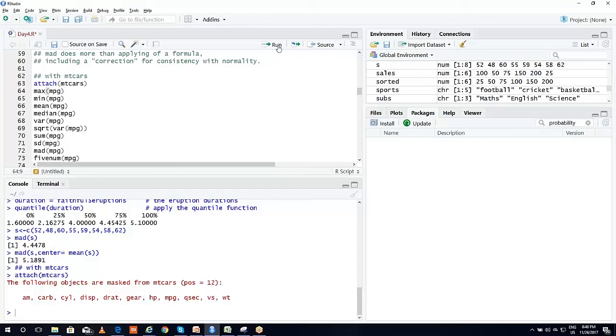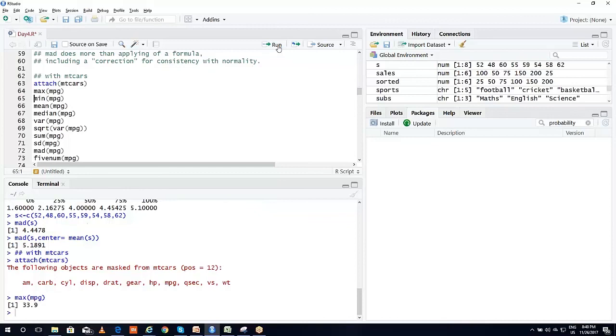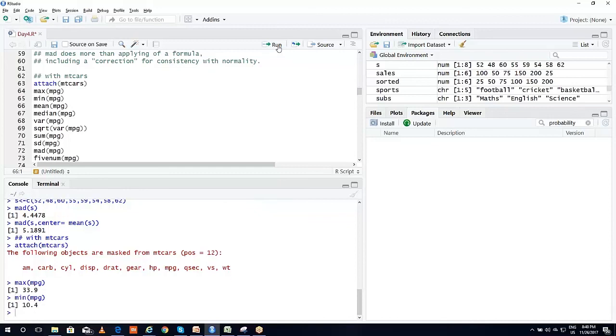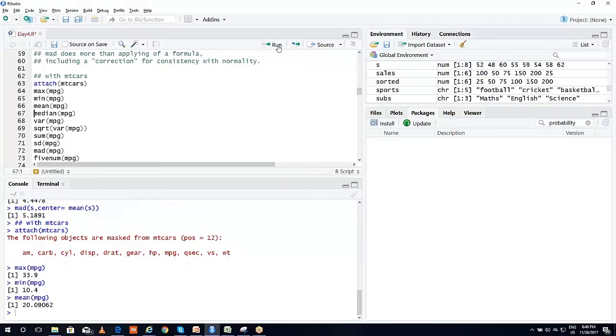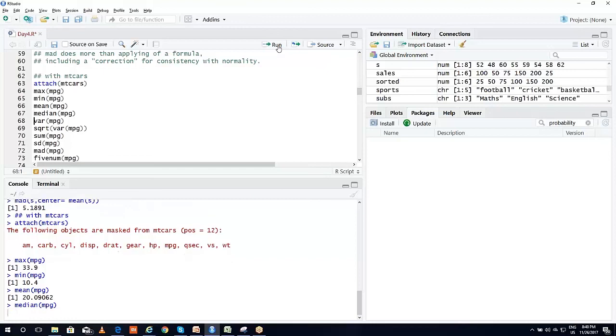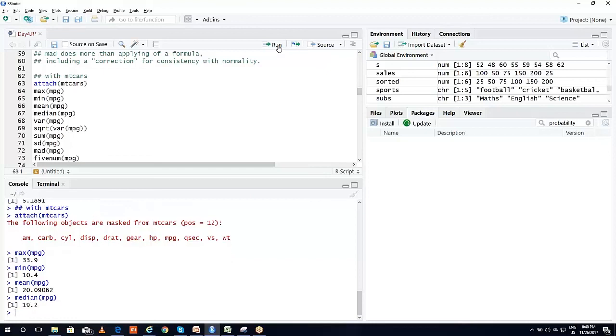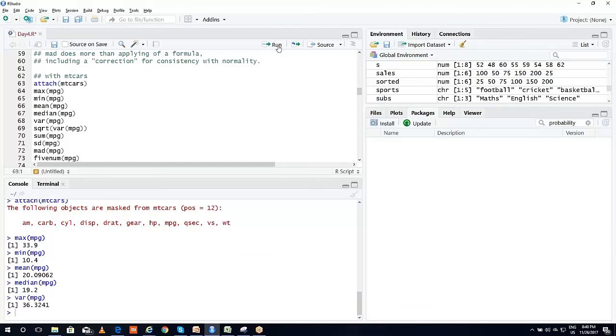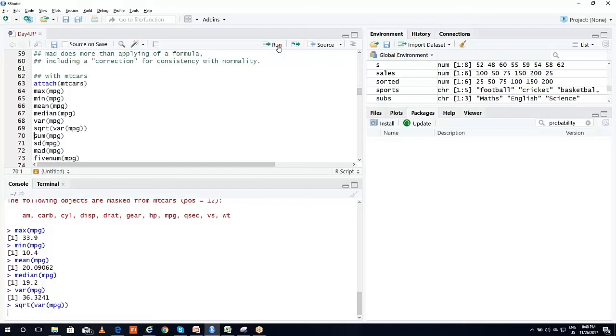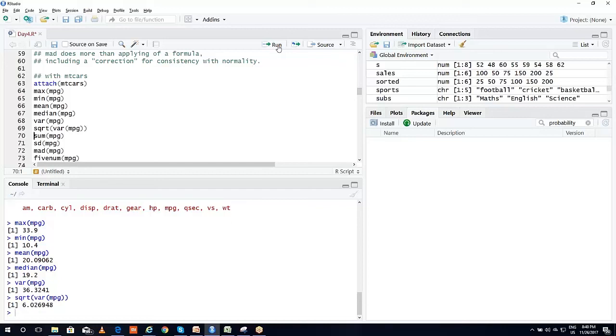Max MPG, what is the best mileage? It's 33.9, minimum mileage 10.4, mean mileage 20.09, median 19.2, variance 36.321, square root of variance, that is your standard deviation 6.02.